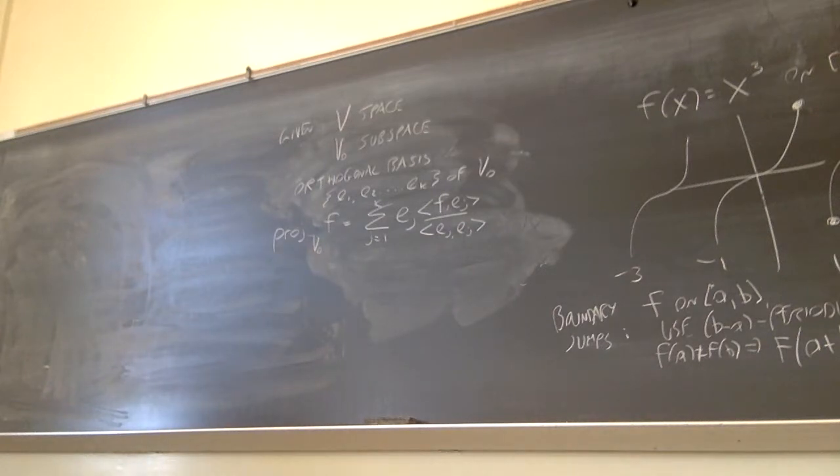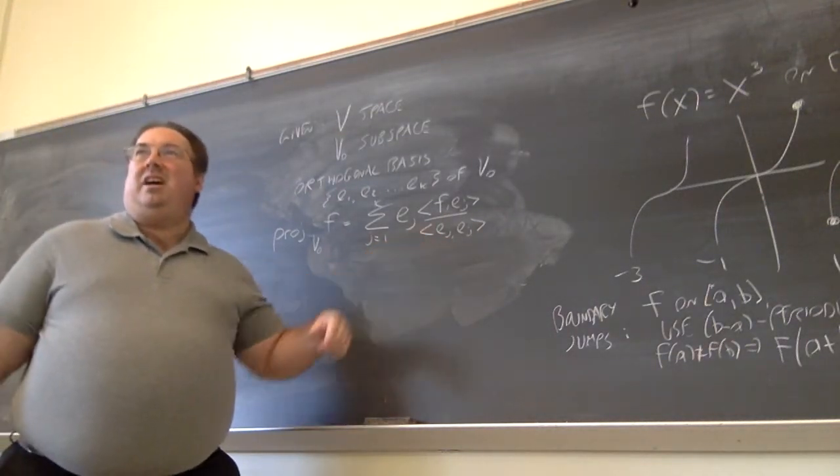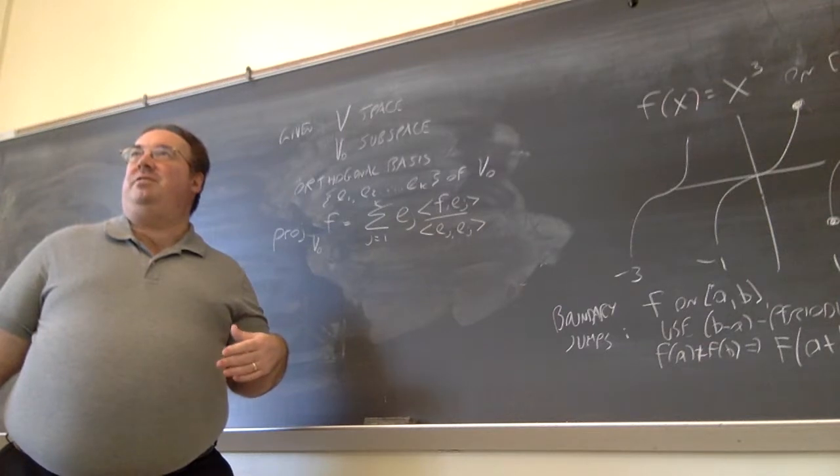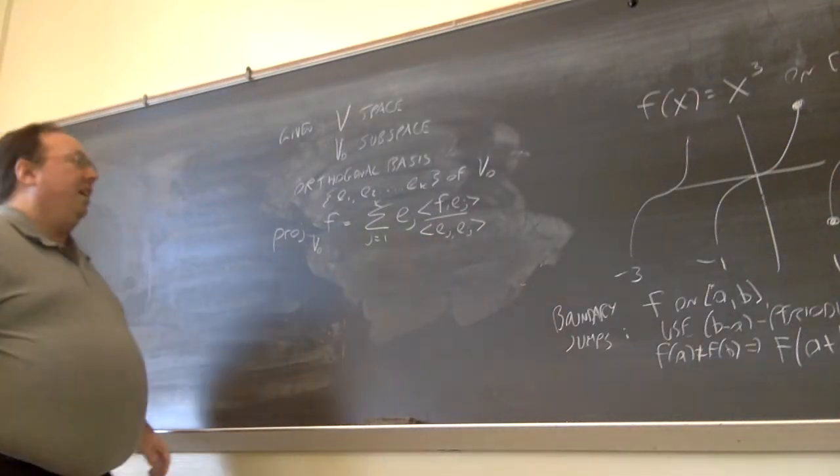Okay, so that is the formula for the orthogonal projection. Now, I was going to say orthonormal, in which case the denominator would just be 1. But if you don't have your functions normalized, then you still need this.